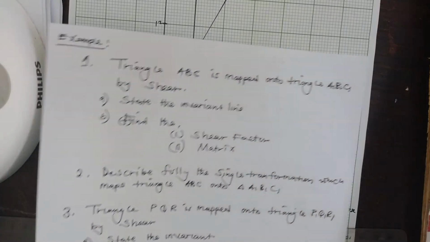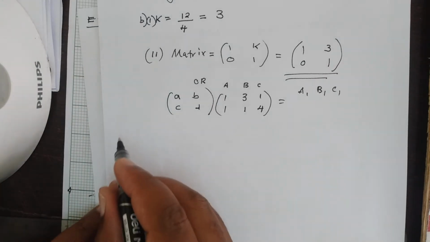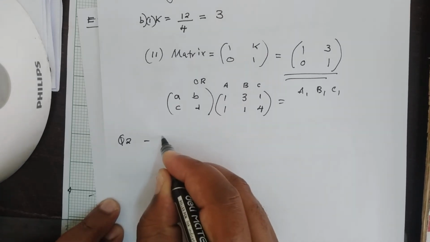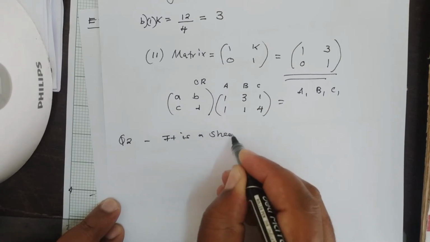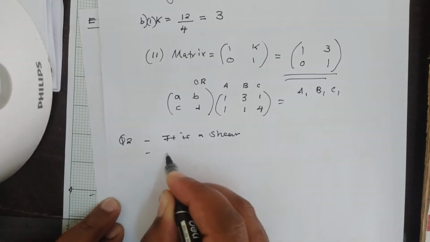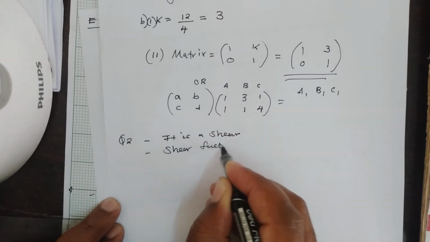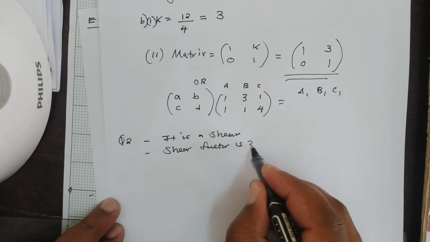So in this case, for question 2, you would say it is a shear. You recognize that, then you say the shear factor is, what is our shear factor? We got 3.